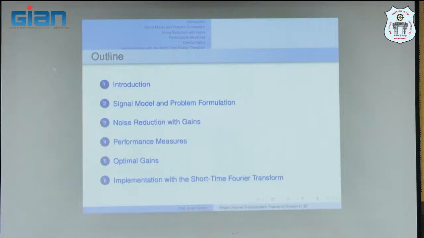So similarly to the time domain single channel signal enhancement, we will describe the signal model and problem formulation. We'll talk about noise reduction with gains. We mentioned yesterday that it's possible to do noise reduction even with vectors that take into account the correlation between frequency bins.